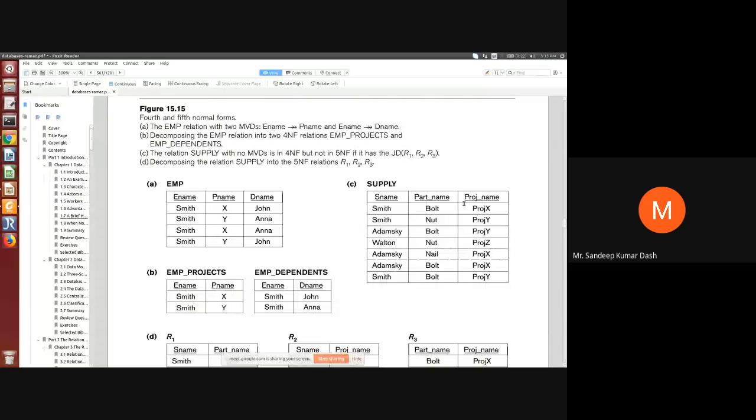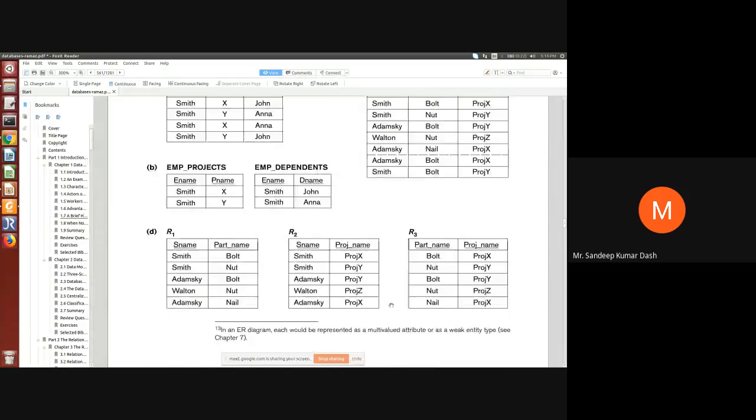This is a relation R, and I am breaking it into two different relations, R1 and R2. So I am making two relations out of this particular relation. When I combine R1 and R2, I should get exactly this number of rows. I should not get any additional rows.